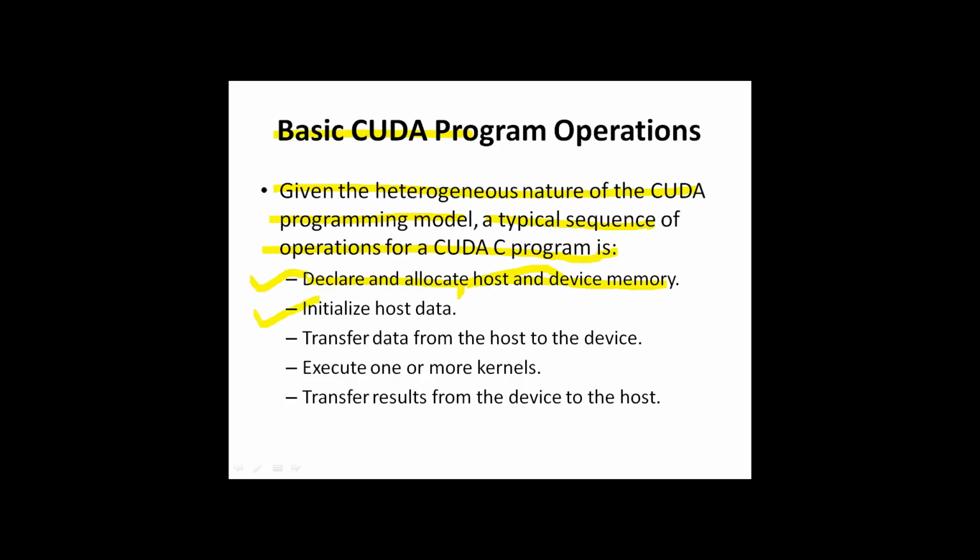Then initialize the host data. Then transfer the data from the host to the device. Then execute one or more kernels, that is the GPU computation. Then transfer the results back from the device to the host.